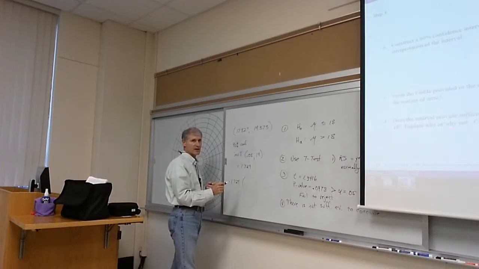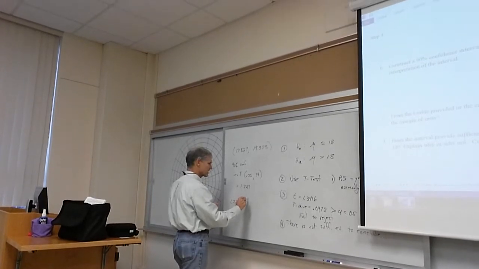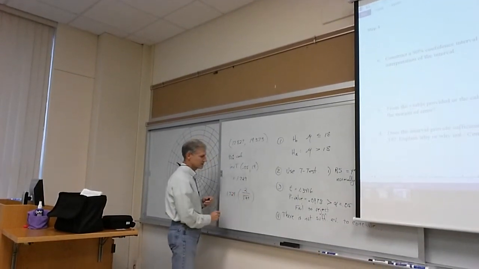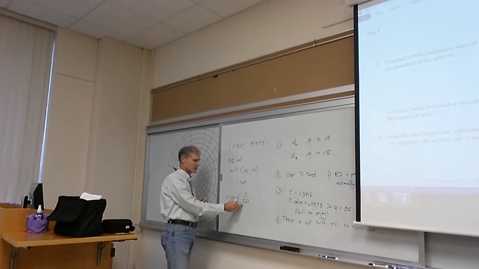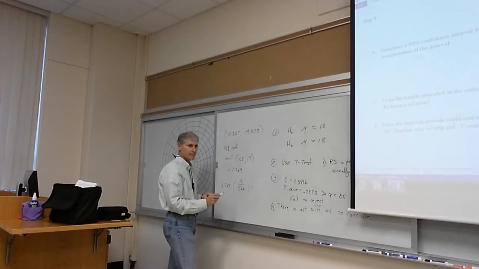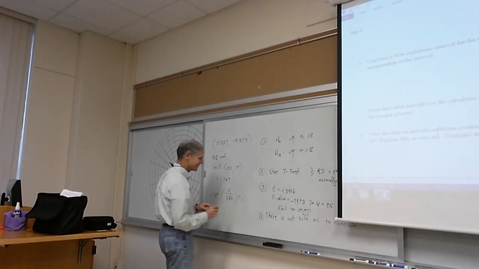And what's the standard error for a mean? Standard deviation over the square root of n. So 2 over the square root of 20 times this, what does that give you? 0.447. I might have done that.